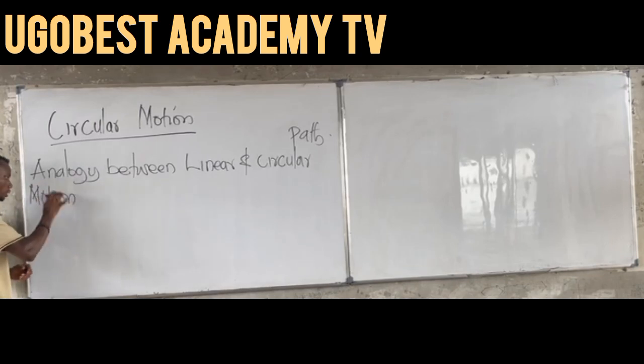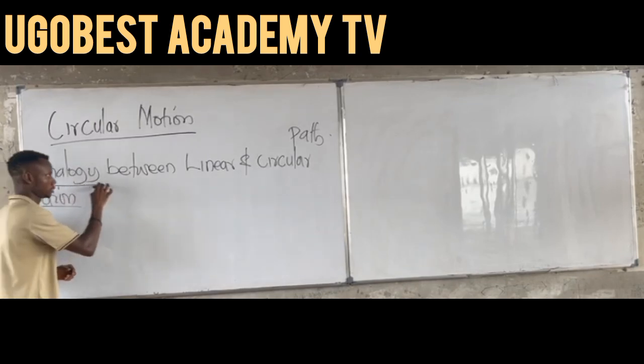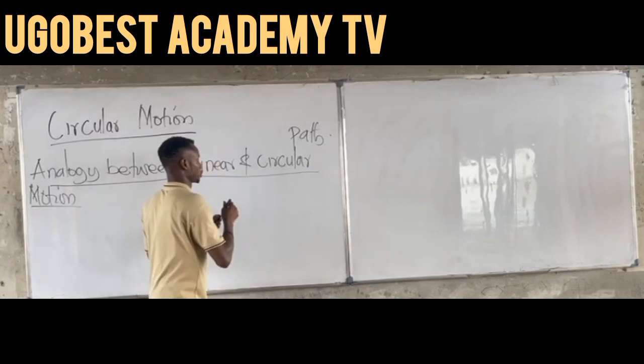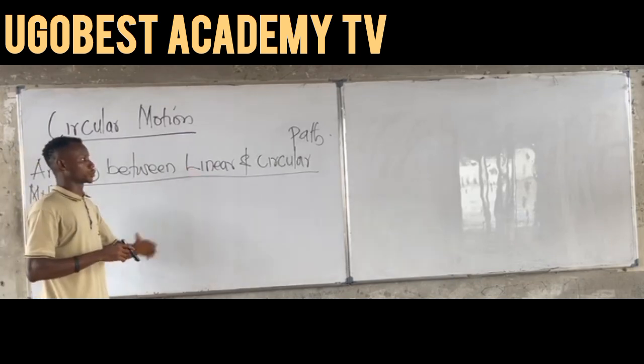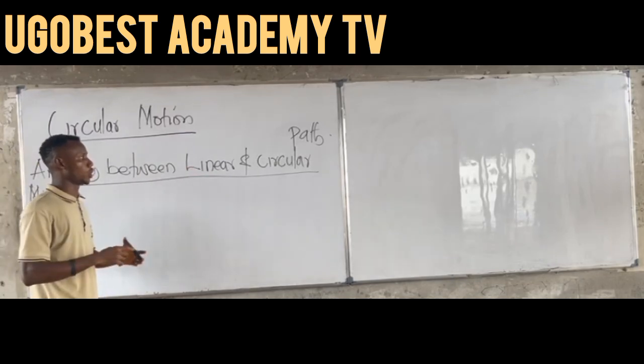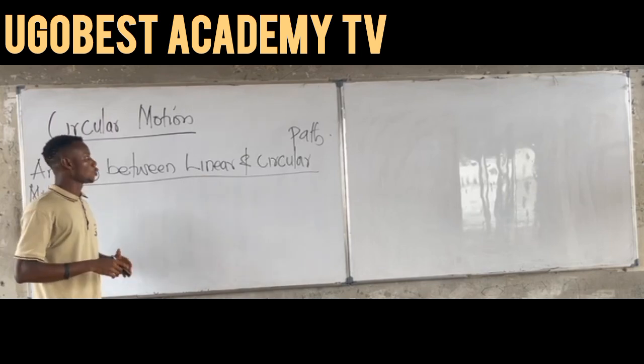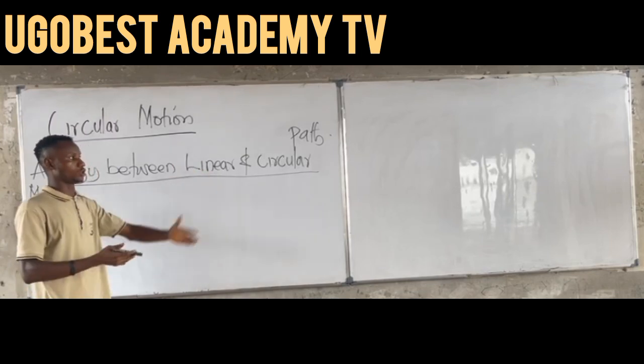It's just the relationship between linear and circular motion. Now listen. Whenever you know more about linear motion, you can easily know more about circular motion. We want to take the one we know to the one we don't know.